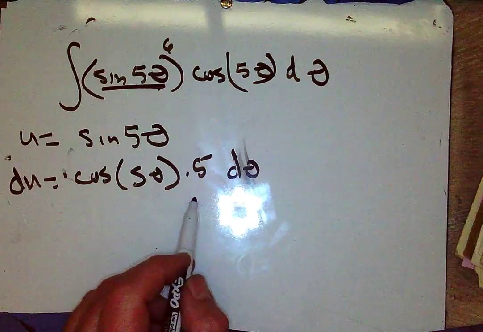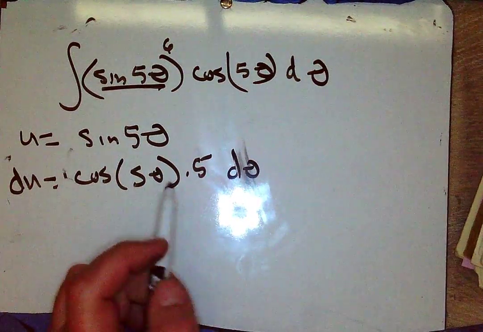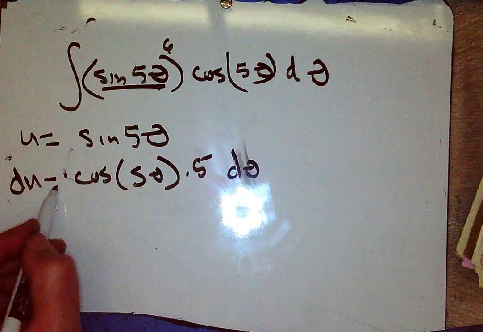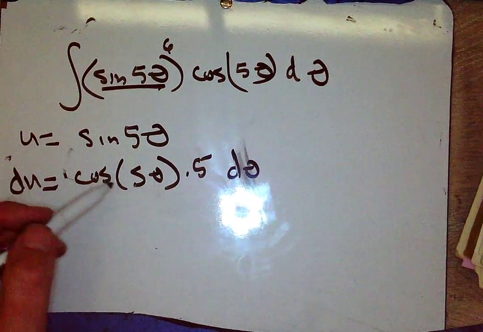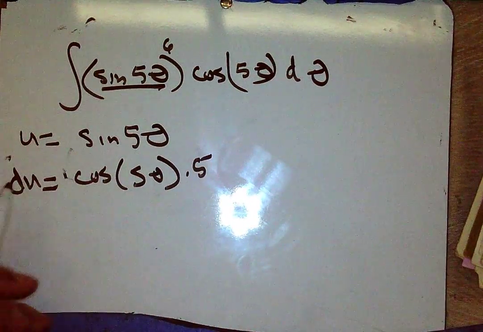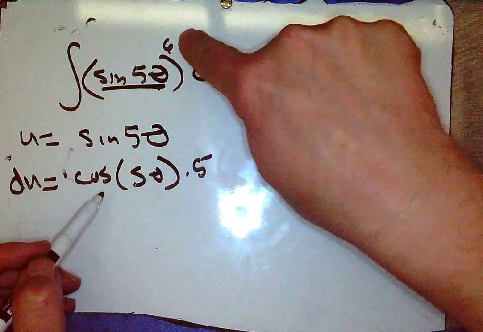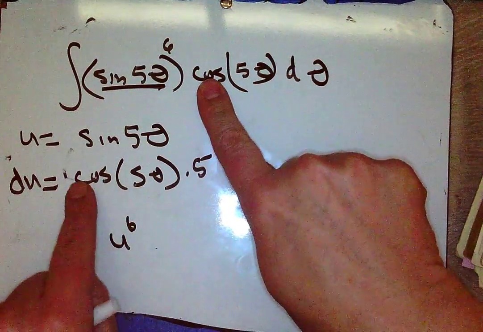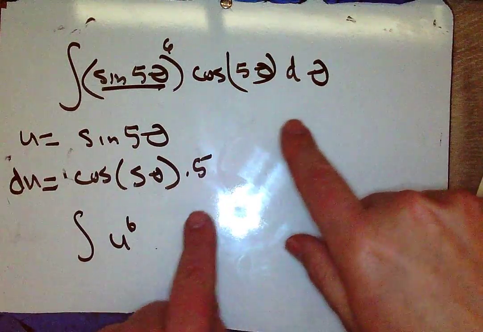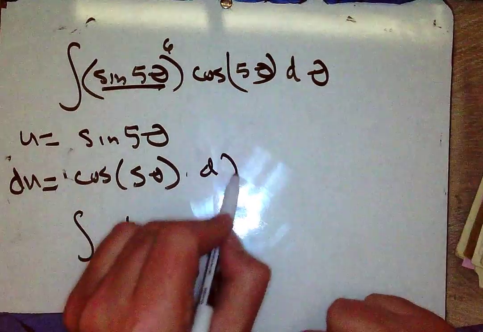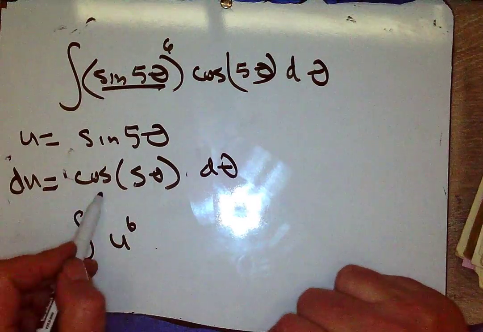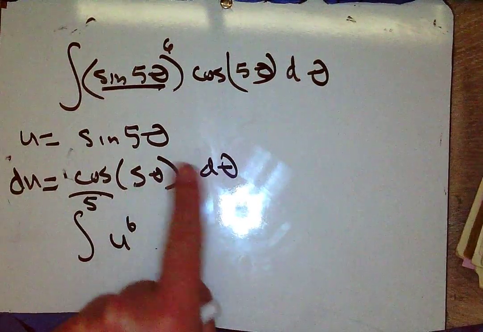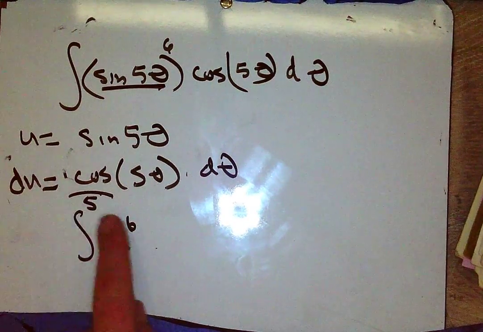I am replacing stuff up here. So this becomes u to the 6th, and cosine 5 theta, because when I take the derivative there, the 5 is going to come out, it will need to cancel.